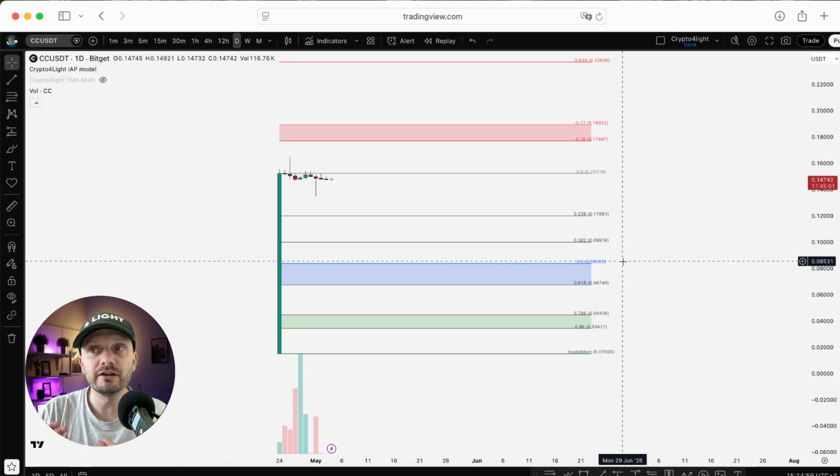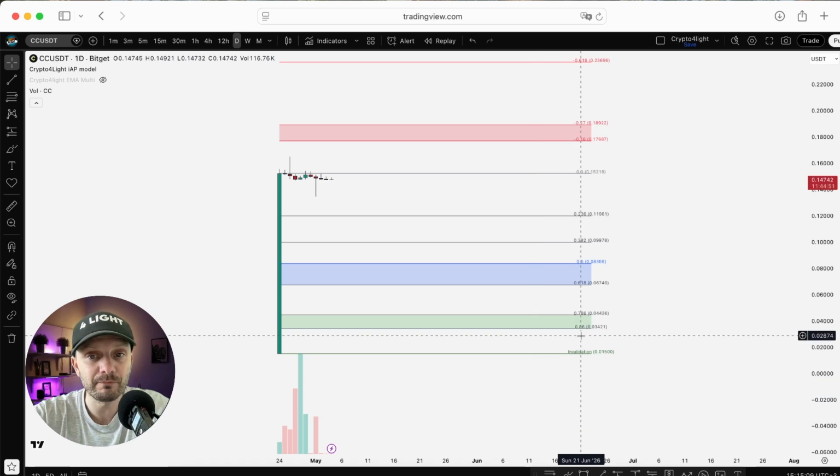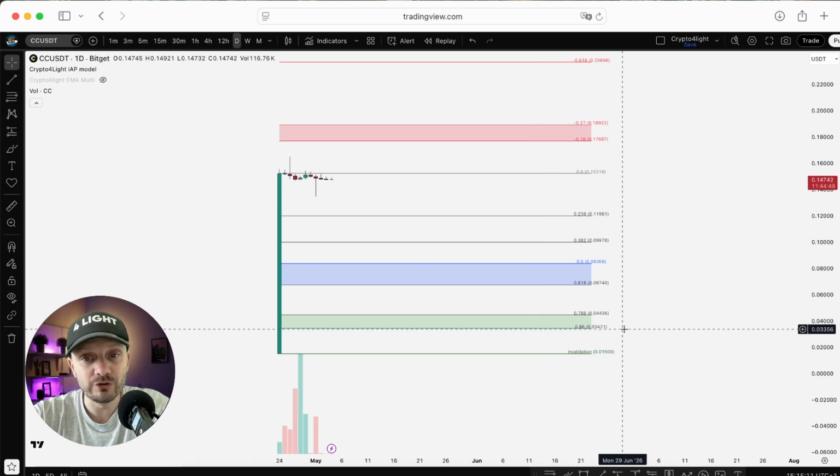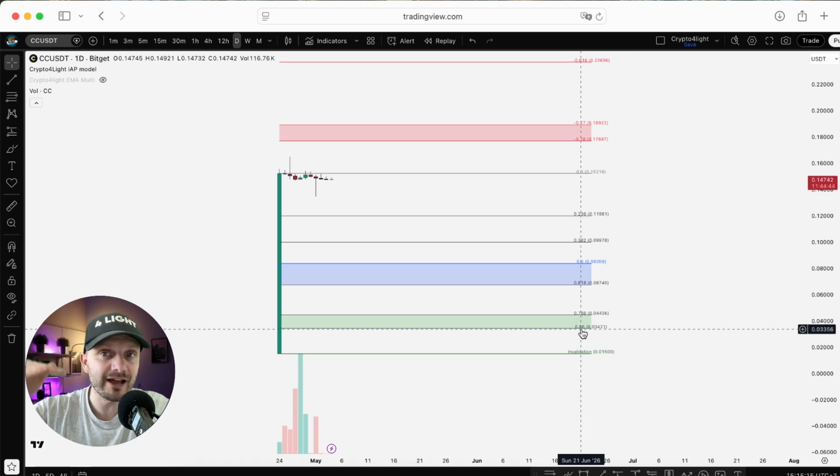I usually, in most cases, use BitGet because it usually lists tokens with the lowest listing price. That's why we reduce the risk. So for example, the 0.86 level by FIB based on this model is just the last zone of interest on BitGet. On Bybit, it's going to be the invalidation of the full model, right?